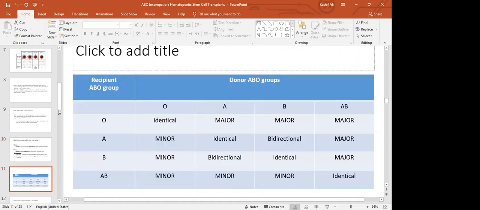Let's understand these concepts more deeply. When the recipient and donor blood groups are the same, it is called an identical blood group transplant.